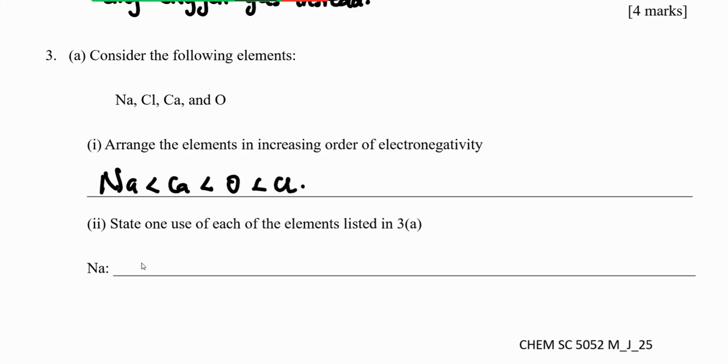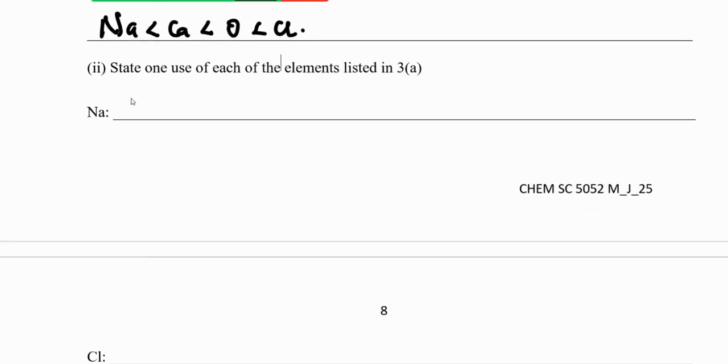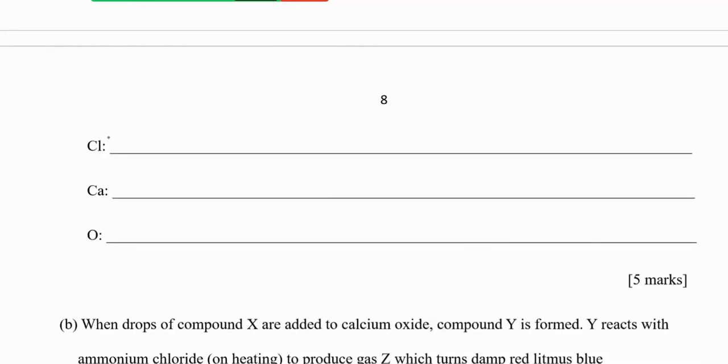Now the next is to state one use of each of the elements listed above. Sodium is used in street lighting. Chlorine, we know very commonly, is used in water purification, removal of microorganisms.